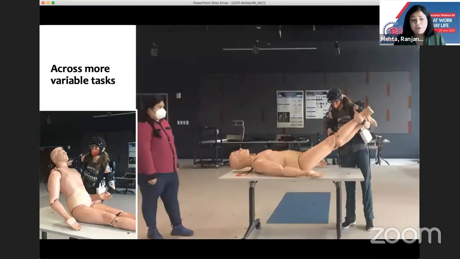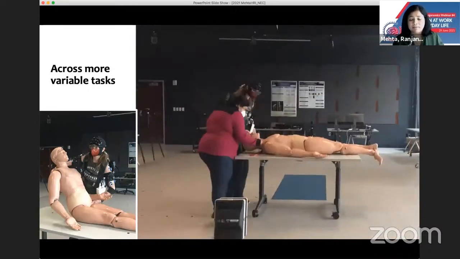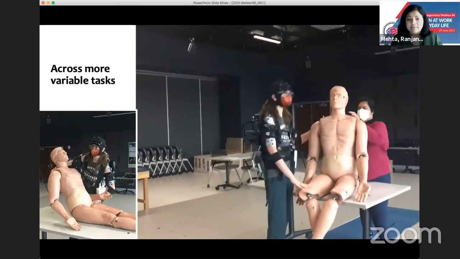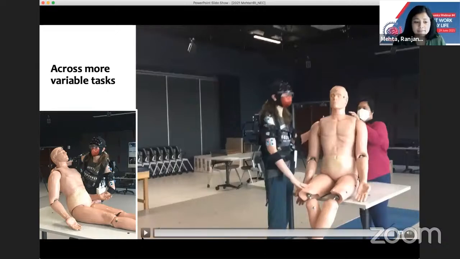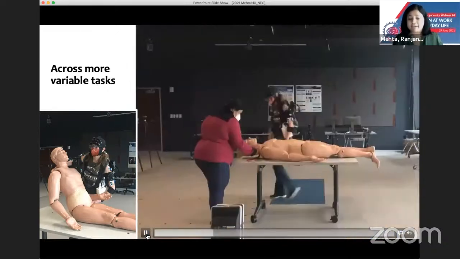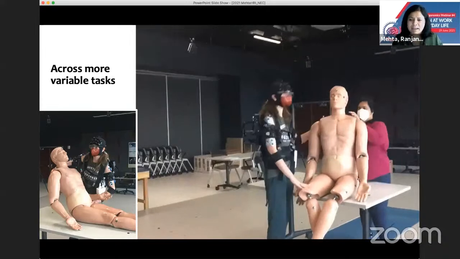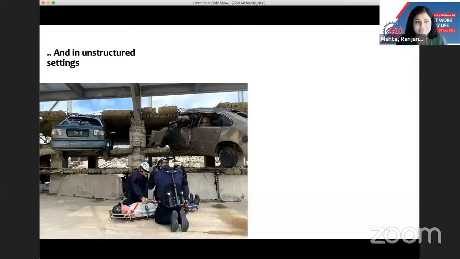And finally, we want to look at neuroergonomics across more variable tasks. This is an unstructured task. Everyone lifts a patient differently. And so how do we even provide a number for human exoskeleton interaction quality for such tasks? So these are all very open questions right now, in unstructured settings.